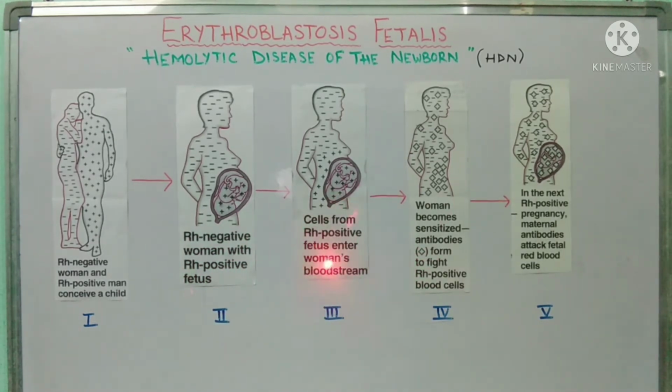In case 3, during delivery, the cells from the Rh positive fetus enter the woman's bloodstream. In case 4, the woman becomes sensitized and antibodies are formed to fight Rh positive blood cells.